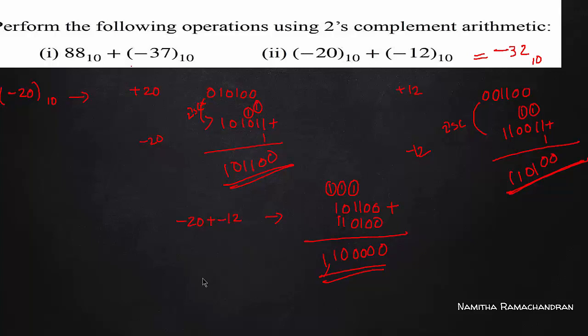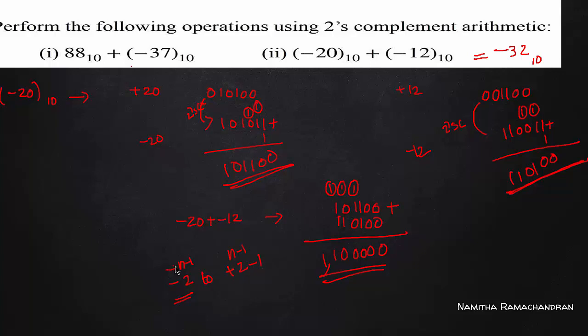Consider this position weightage. We know that in 2's complement form, the values range from minus 2 to the power n minus 1 to positive 2 to the power n minus 1 minus 1. The smallest number possible is minus 2 to the power n minus 1 and the largest number possible with n bits is 2 to the power n minus 1 minus 1.